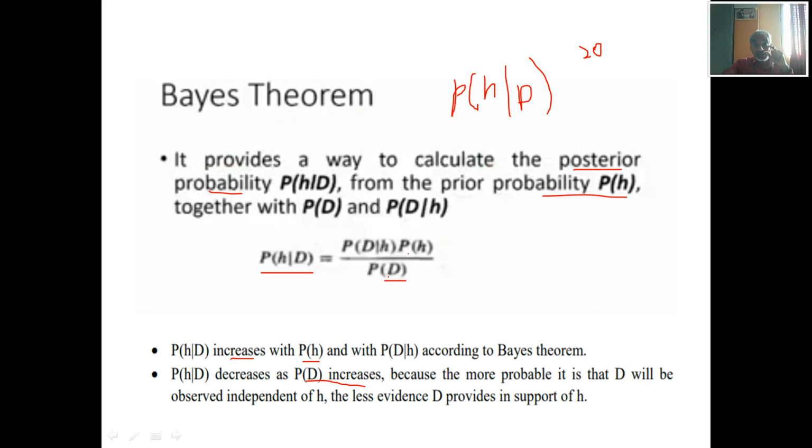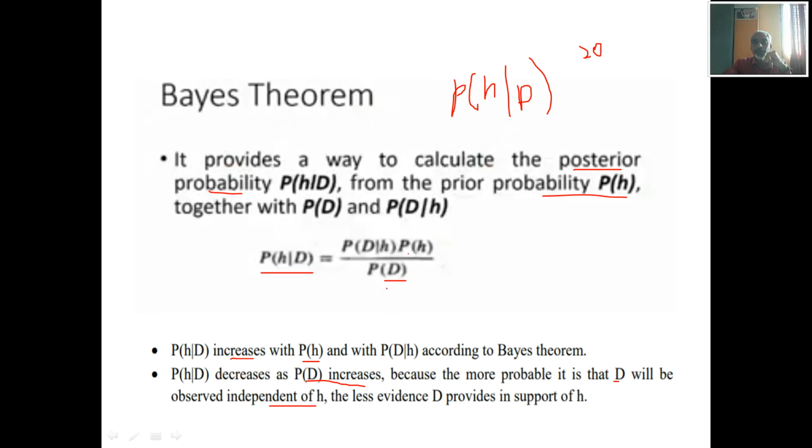It depends what type of data set you are going to collect. The more data you collect, the more probable that D will be observed independent of H. Later we will see what happens, because when we look at the probability of only D, nowhere is it linked with the hypothesis, so we try to ignore this.